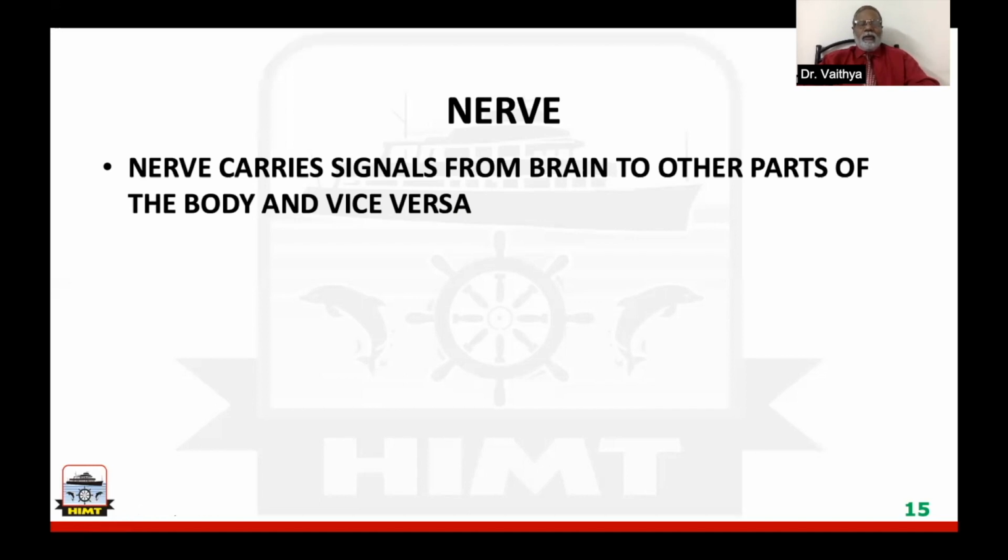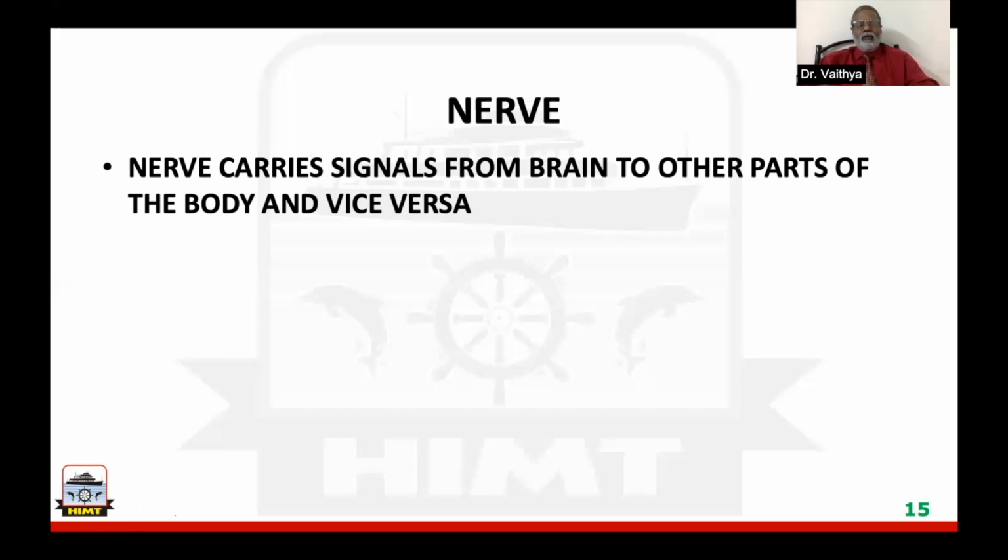The nerve you cannot see transparently anywhere outside. It is a tube which connects brain to other parts of the body and carries signals, like electrical wires carrying electrical signals. Here in our body, nerves carry signals from brain to other parts. There are a lot of motor signals and sensory signals like vision, smell, speech, taste, hearing.